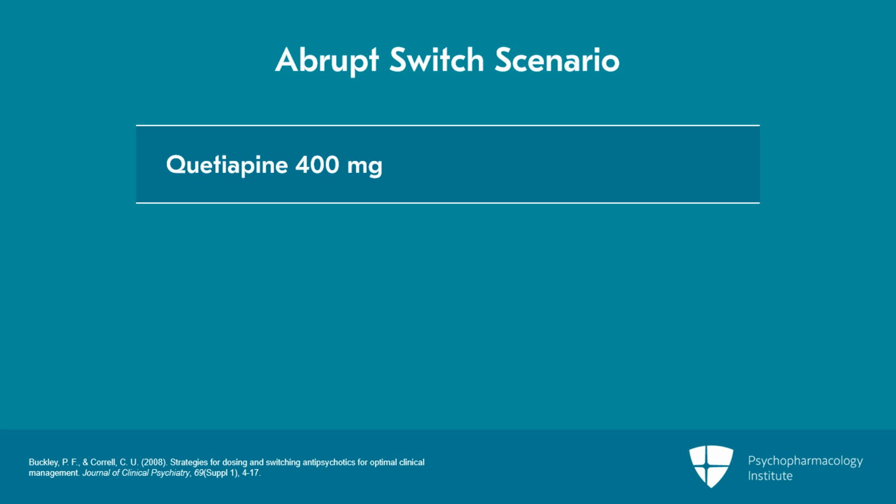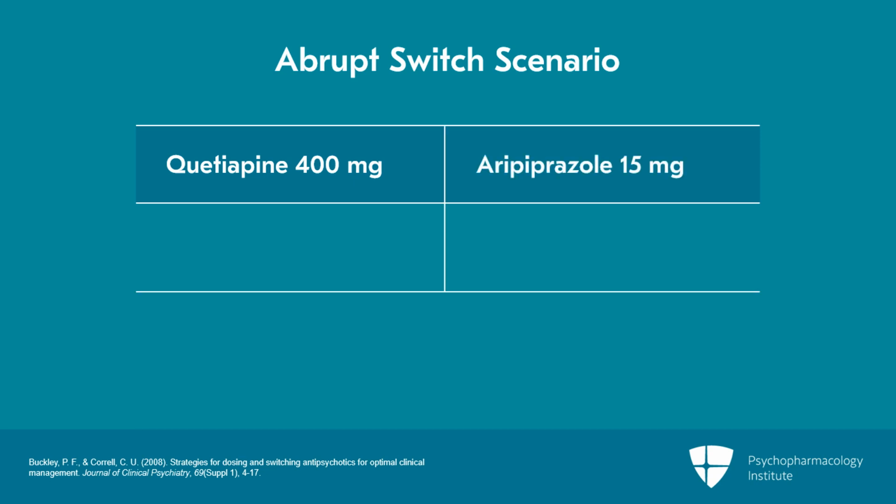They are going to be switched to 15 milligrams of aripiprazole. And in this abrupt switch scenario, the patient is simply advised to go ahead and stop the quetiapine. Don't take any tonight. And then tomorrow, you're going to start on the new medication, the aripiprazole.